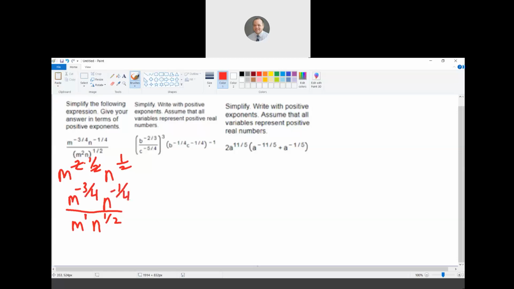Now, to convert negative exponents into positive ones, you're using the reciprocal concept. So if they're negative and they're on the top and you need to change them to positive exponents, well, the opposite of numerator is denominator. So we'll move both the m and the n to the bottom.